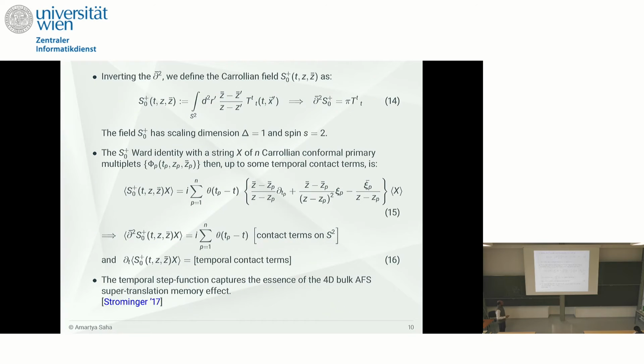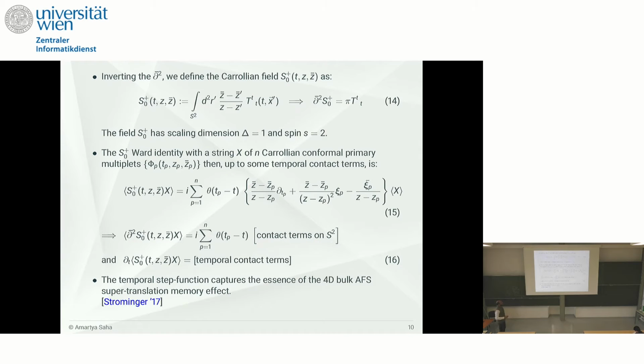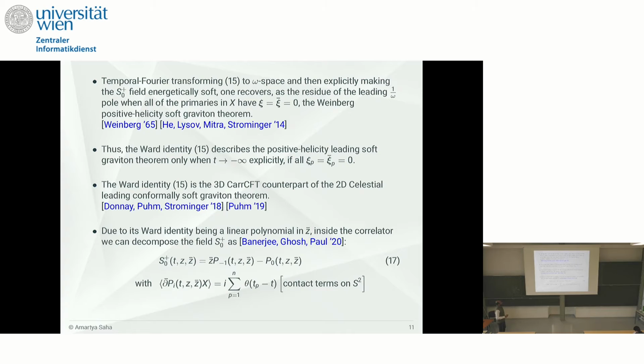What does it describe for other values of t? Well, we will wait and see. Right now, because of the other temporal contact term contributions, I can only certainly comment about its value at t tends to minus infinity, where those contact terms will not contribute. And this is a comment: the Ward identity is the Carrollian CFT counterpart of the 2D celestial leading conformally soft graviton theorem.